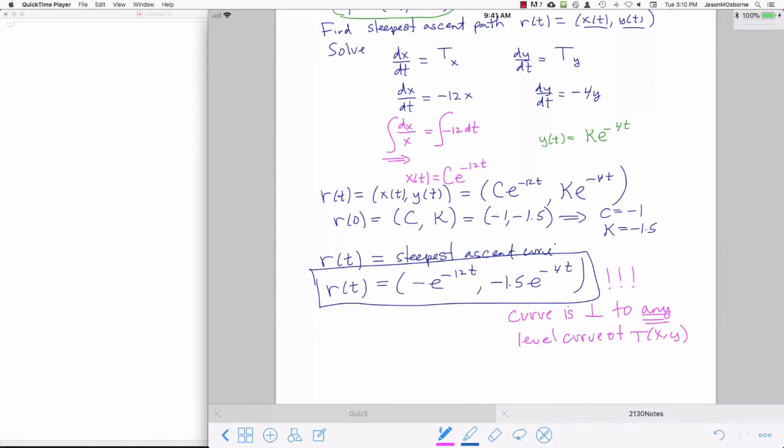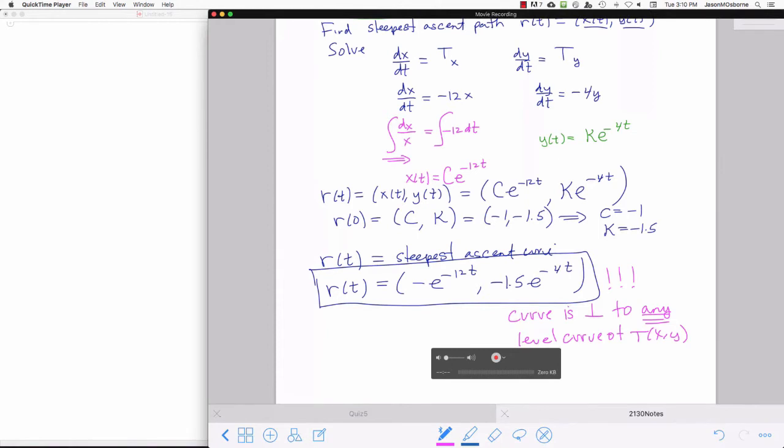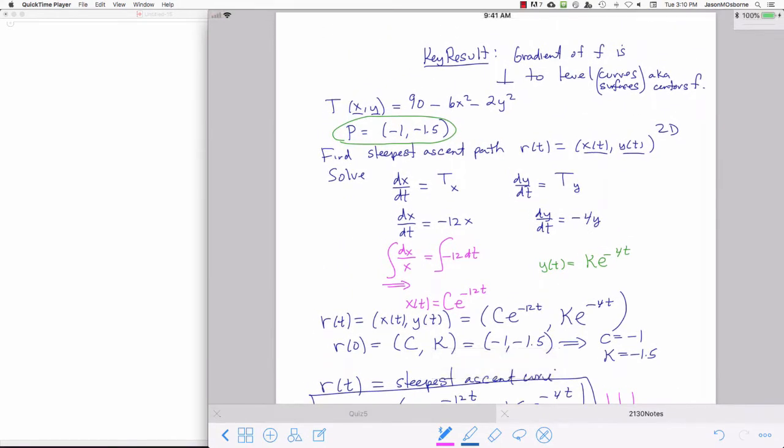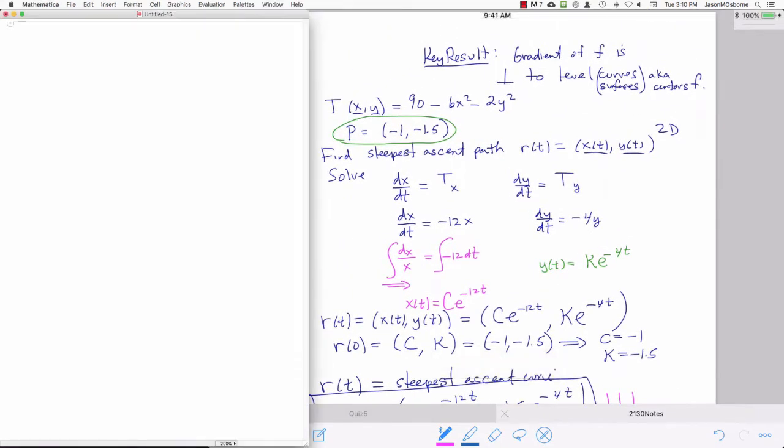So let's see if I can back that up with a plot. Let's go back up here. We'll look at our temperature function. We'll do a Plot3D of this temperature function, 90 minus 6 times x squared minus 2 times y squared, and let's plot this from, say, negative 3 to 3, and y from negative 3 to 3.